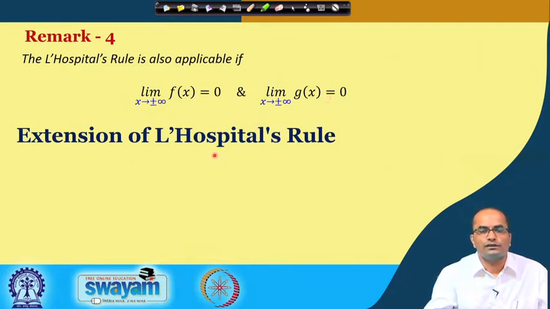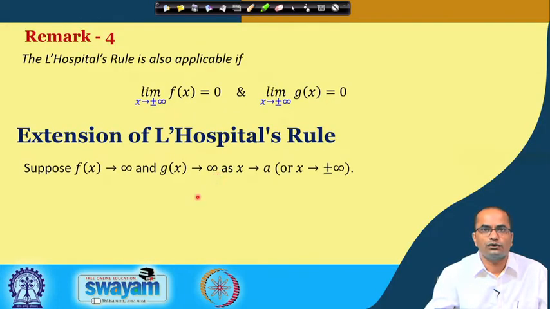So, now the extension of this L'Hopital rule to the infinity by infinity form. Suppose f(x) goes to infinity and g(x) goes to infinity as x goes to a, or x goes to plus or minus infinity, similar to the earlier case, but now the difference is that instead of f(x) going to 0 and g(x) going to 0, they both are tending to infinity.